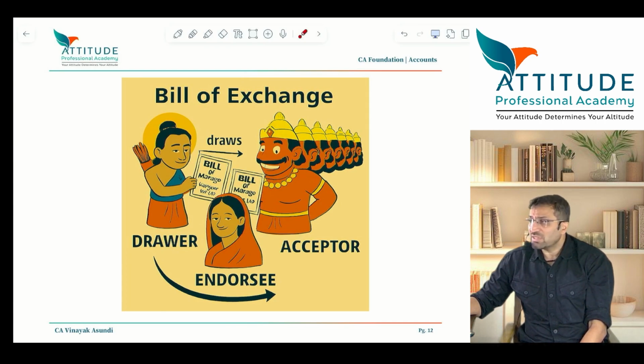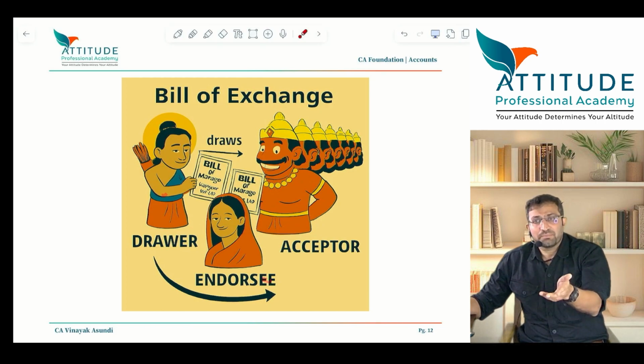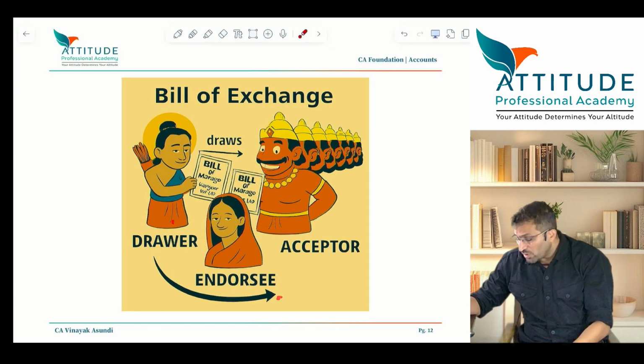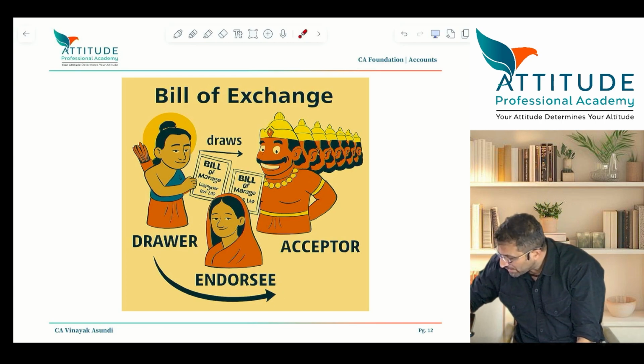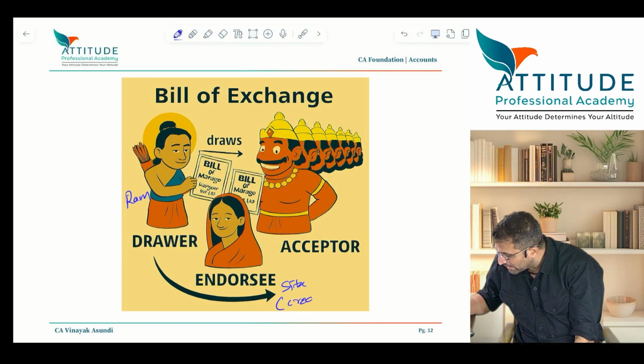Maybe in the books of Ram, Sita is a creditor. Money is payable by Ram to Sita. So in the books of Ram, Sita is a creditor for Ram.